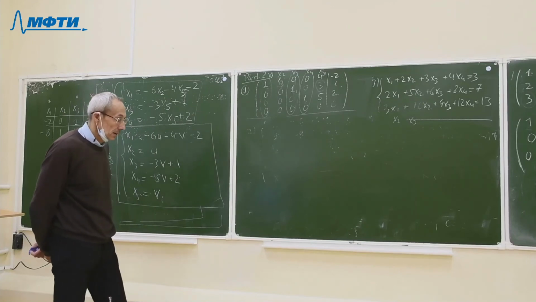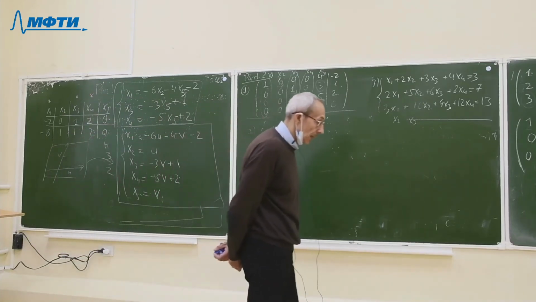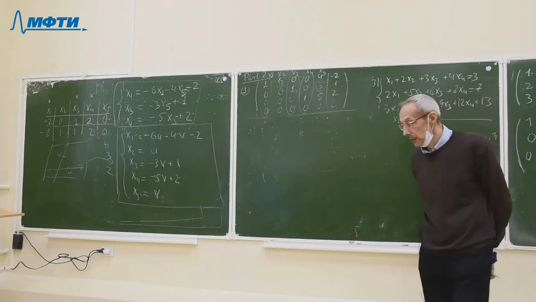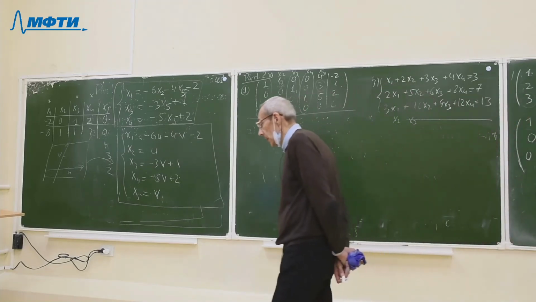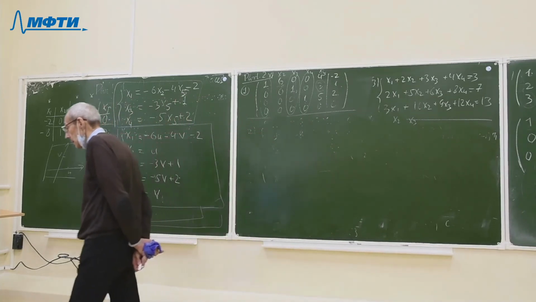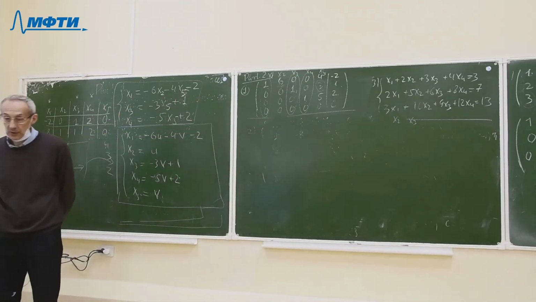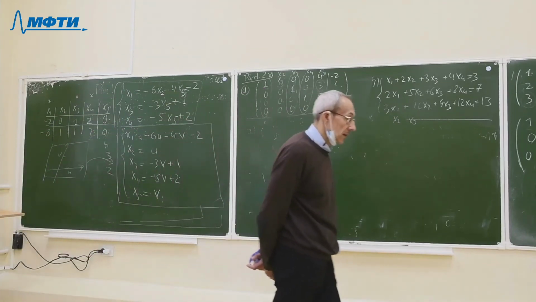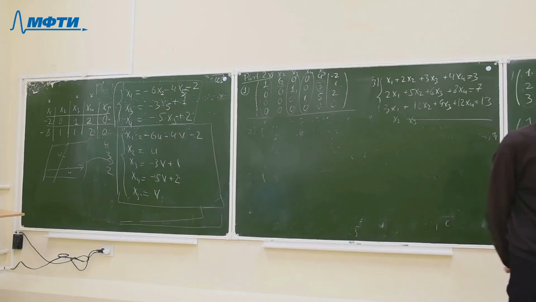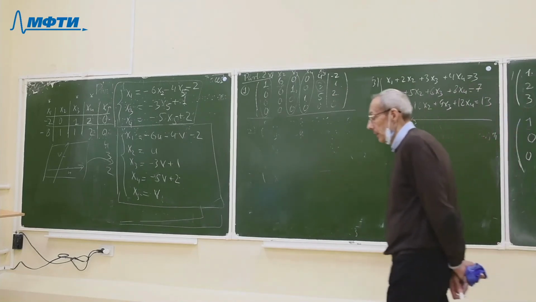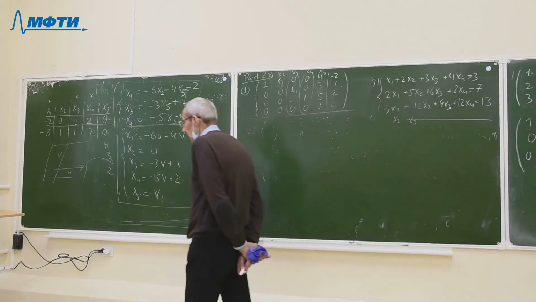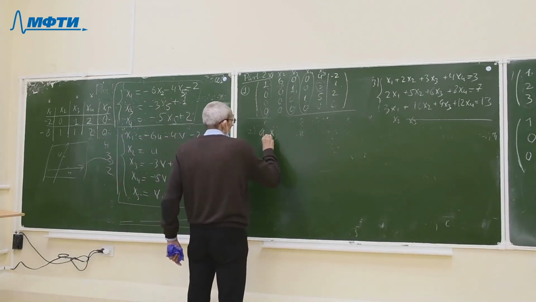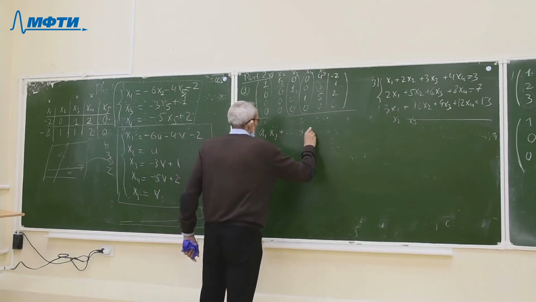And solutions, from this point of view, solutions of a linear system are elements of this vector space. And we can consider these n-tuples as arithmetical vectors. And a linear equation is some condition.